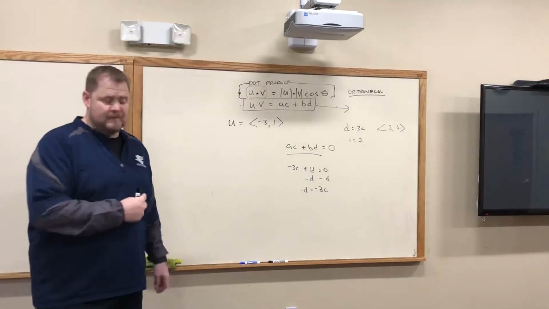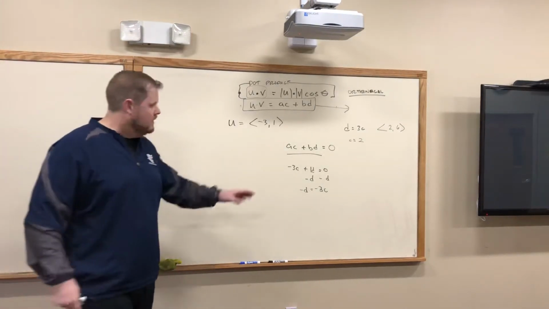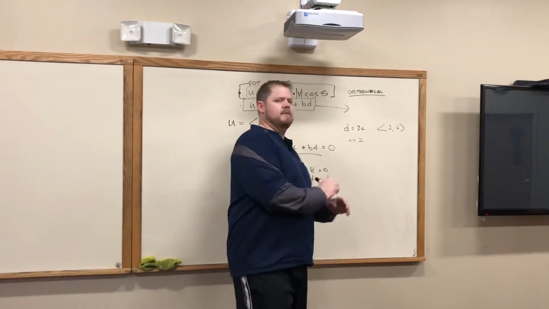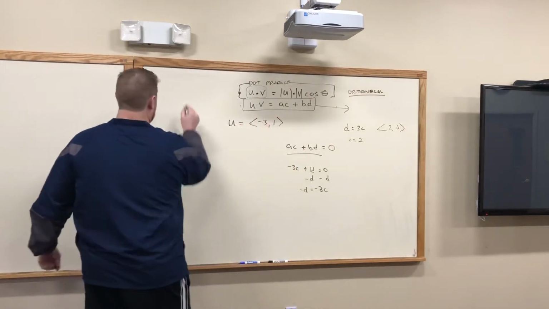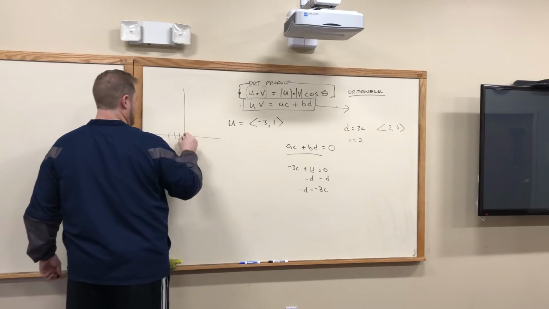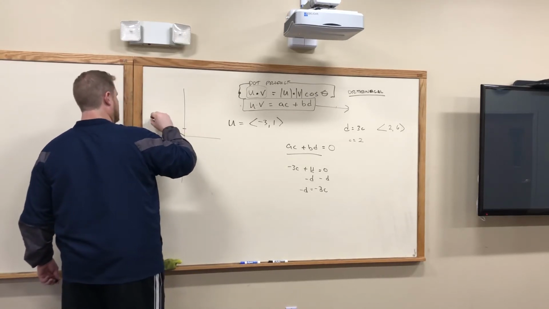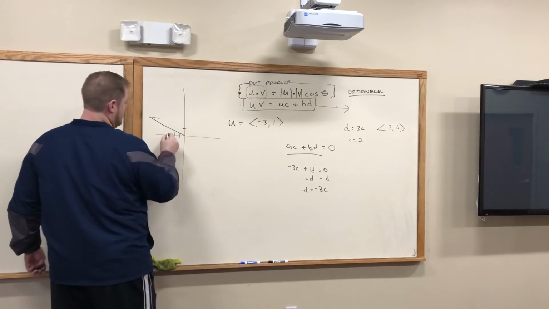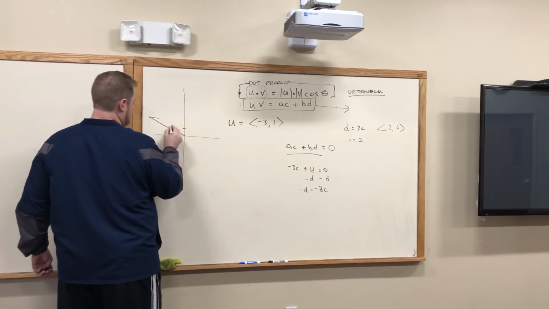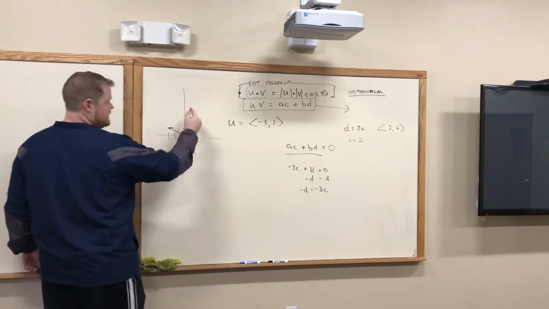Now, it's not the only orthogonal vector, because any number you put in for c is going to be perpendicular. So in other words, this vector, watch carefully, is 1, 2, 3, and 1 up. So it's going to go like this. So the next vector, you want something that's perpendicular.